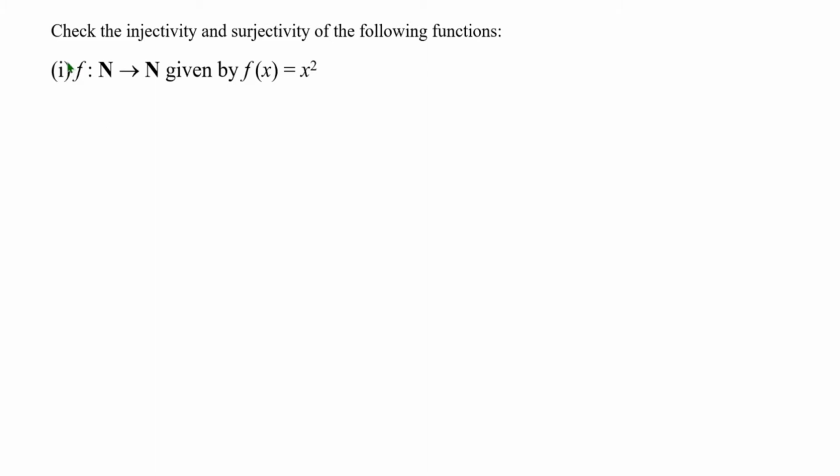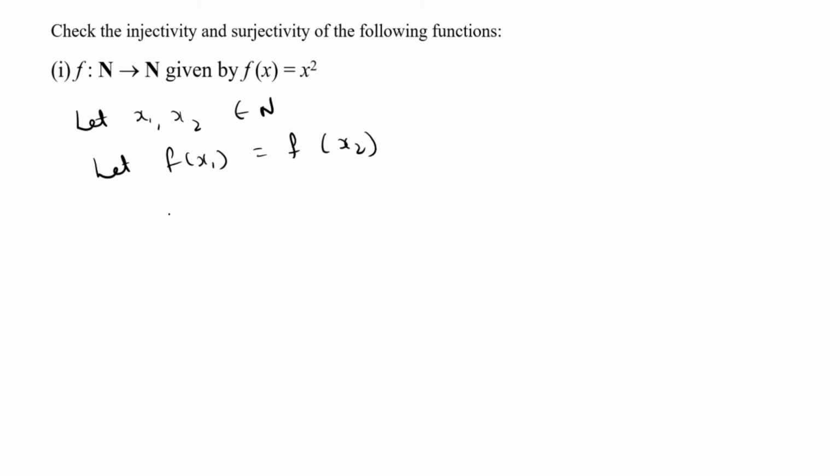Next question, check the injectivity and surjectivity of the following functions. First one, the function f from the set N of natural numbers to the set N of natural numbers given by f of x is equal to x square. So here first we will see whether it is 1 to 1 or not. Let x1, x2 belong to N, and let f of x1 equal f of x2.